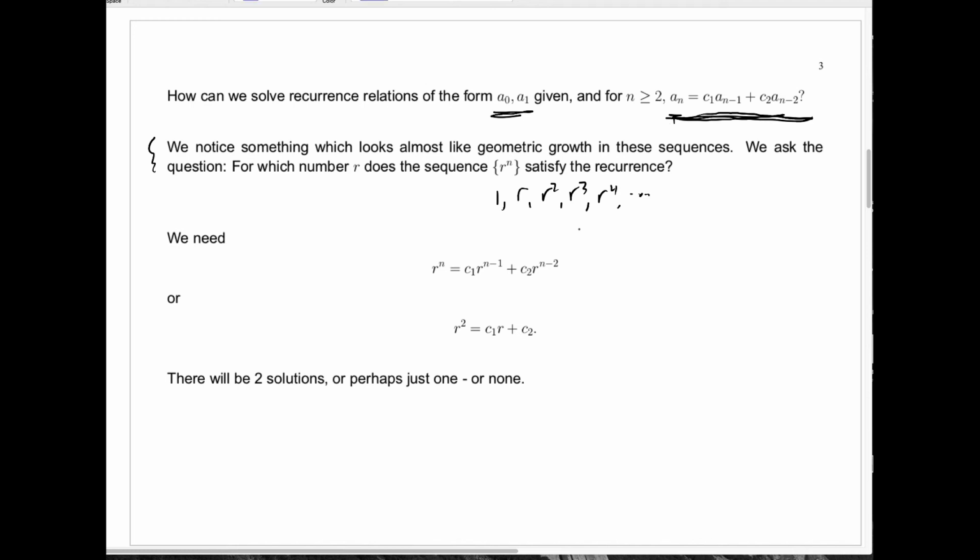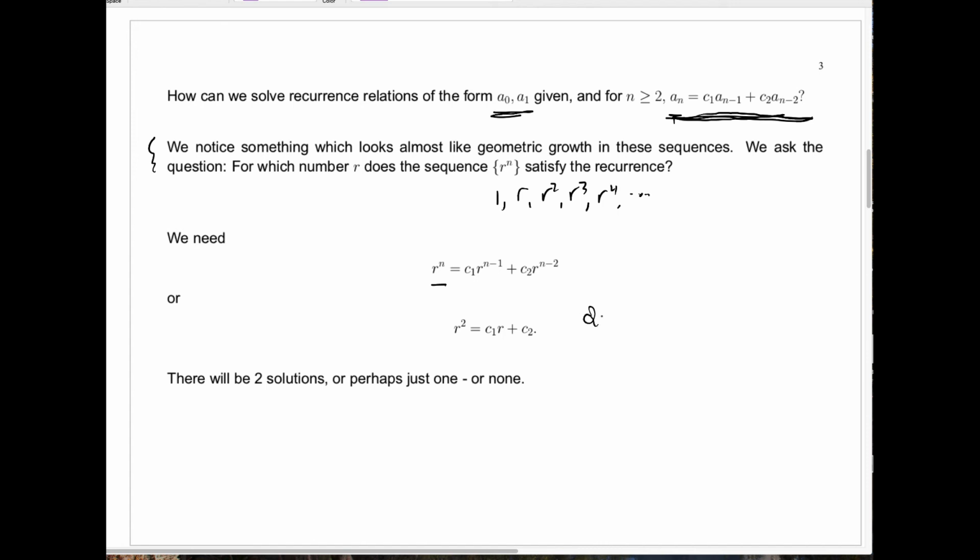Well, it's easy to check. We just plug in. If this sequence where the nth term is r to the n satisfies this recurrence relation, then a sub n, which is r to the nth power, must be c1 times a sub n minus 1, which is c1 times r to the n minus first power, plus c sub 2 times r to the n minus second power. If we just divide out by r to the n minus 2, we get r squared equals c1 r plus c2.